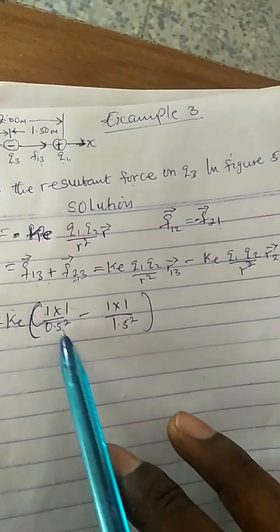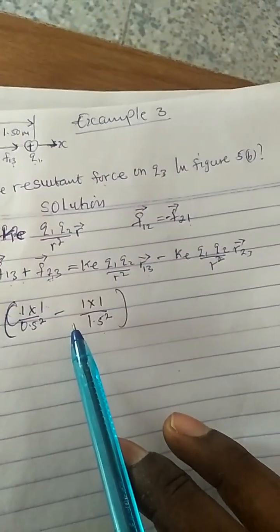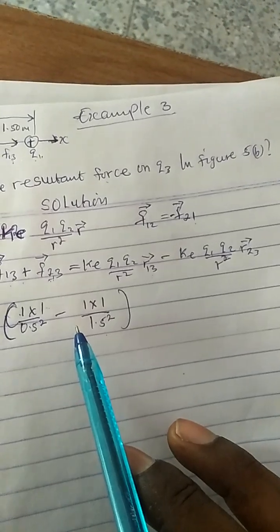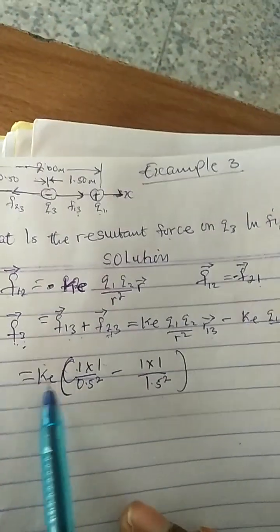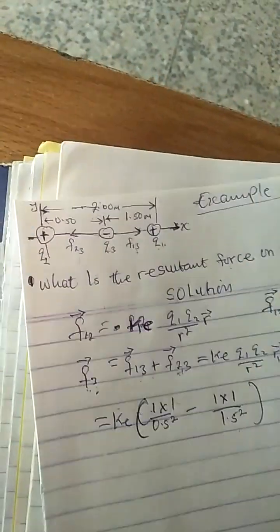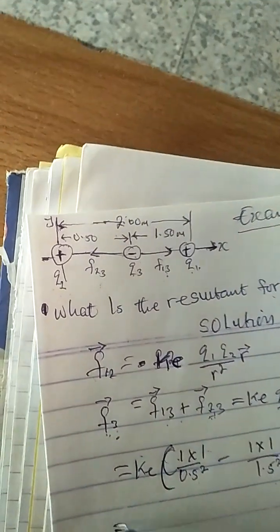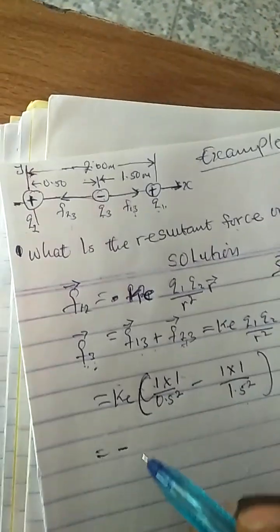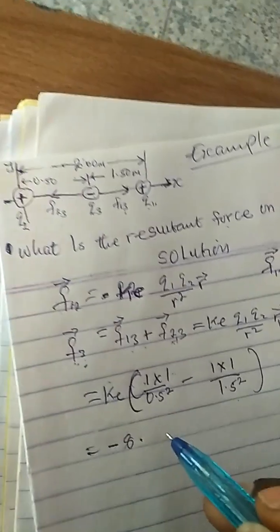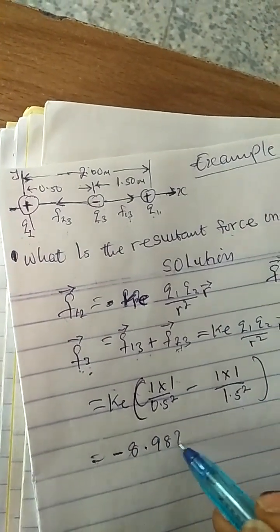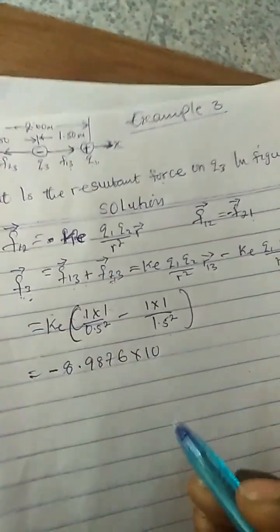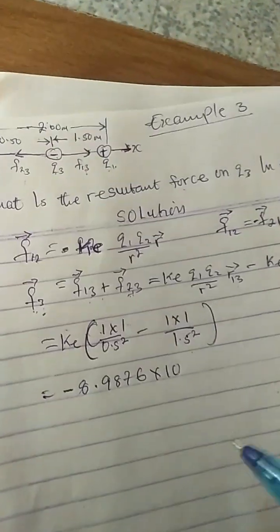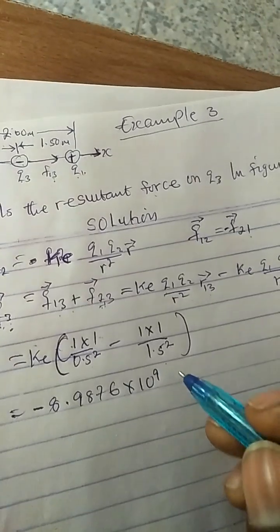So if you have this, what are you going to do next? What is the value of the constant Ke? Which we already know is 8.9876 times 10 raised to the power of 9.